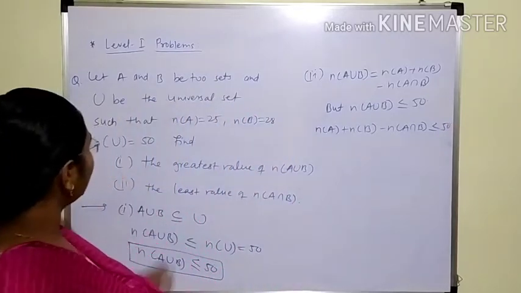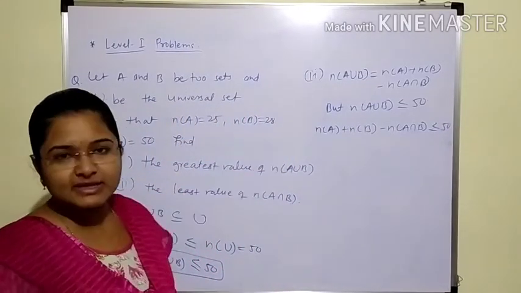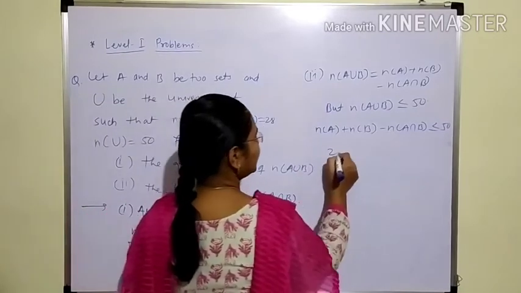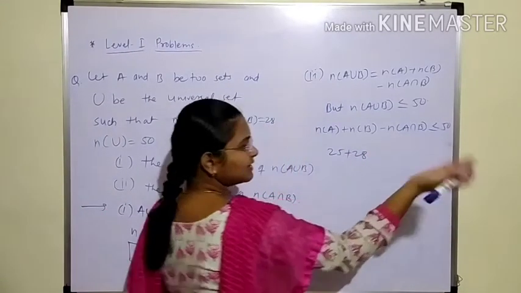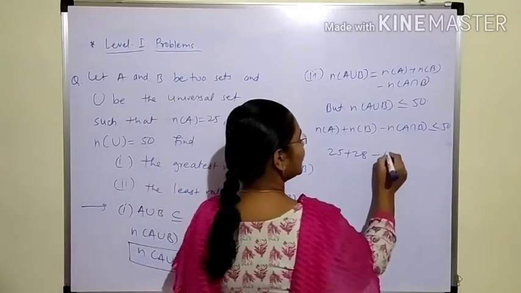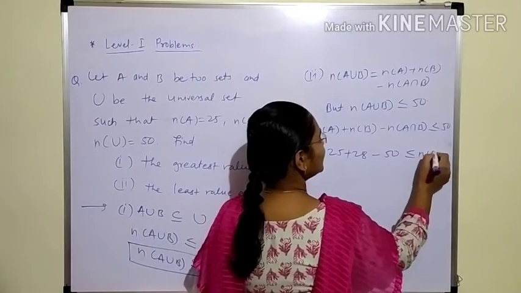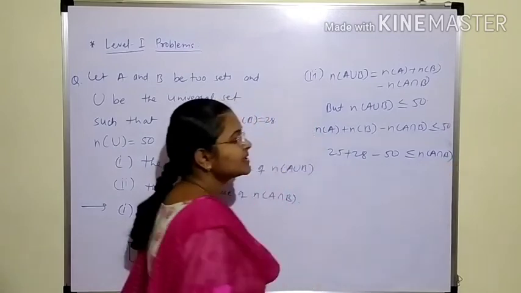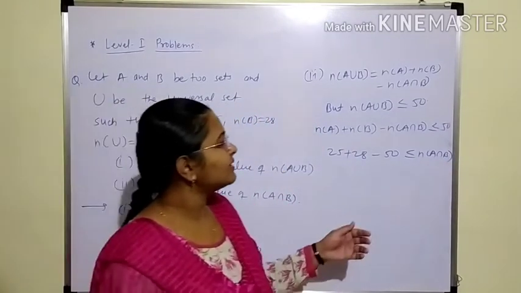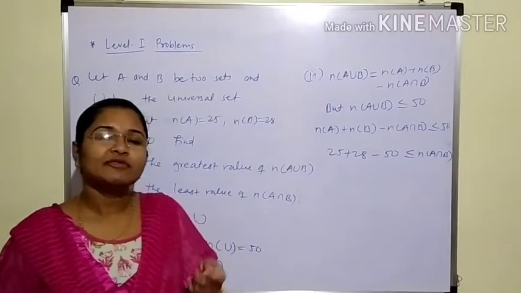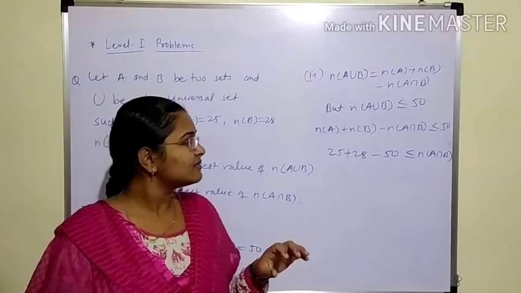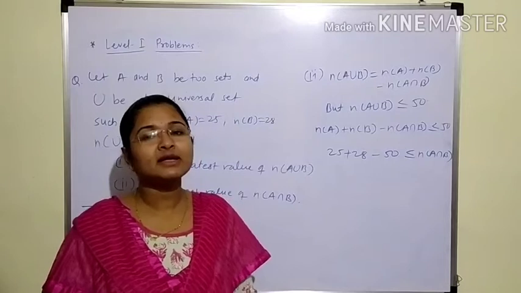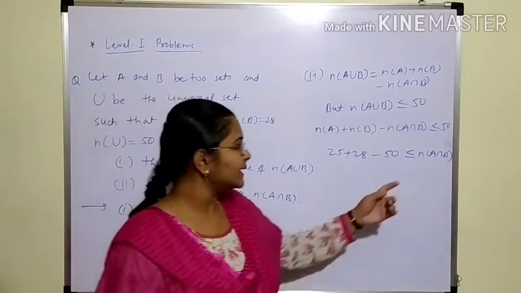Okay, and we have the number of elements in A and B, which is 25 plus 28. This we will shift to this side and 50 will take this side. So 25 plus 28 minus 50 is less than or equal to the number of elements in A intersection B. See students, when an equal sign is there, in that case we are shifting from left to right side, so whatever changes in plus and minus sign, the same changes we do here also.